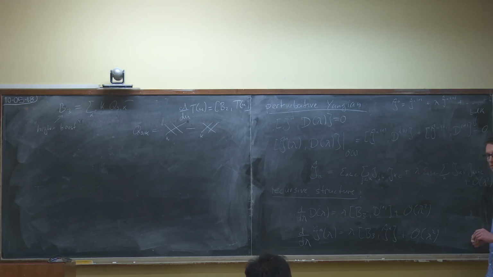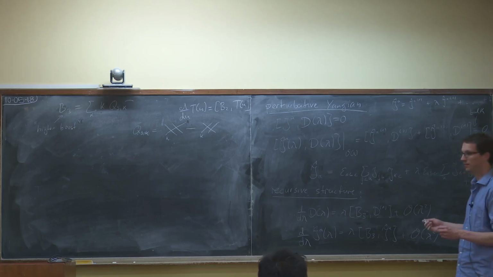So one carries out this analysis for this modified version of the Yangian and derives a consistency condition. How would one compute this?